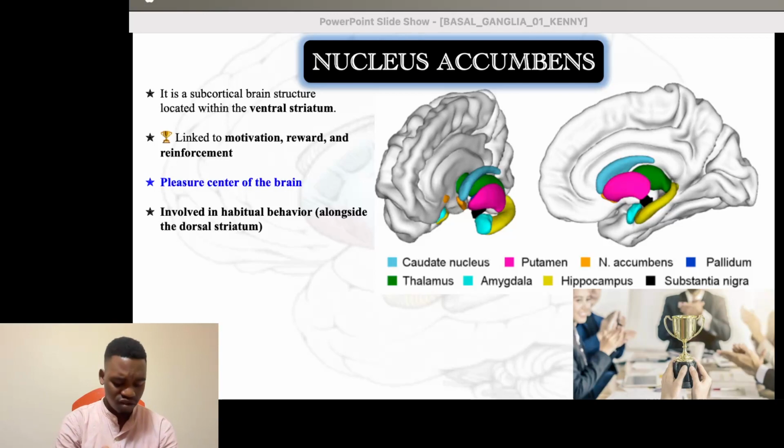It is that kind of feeling that you have when you receive an award. You can remember the last time you received something from your friend. You still remember that feeling you had when you receive an award or a present or a gift. The pleasure center of the brain.